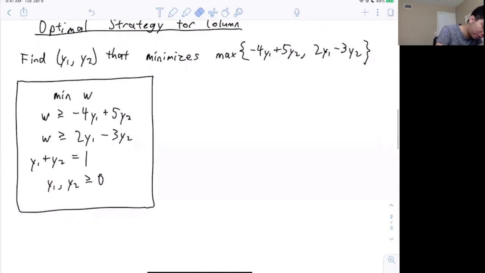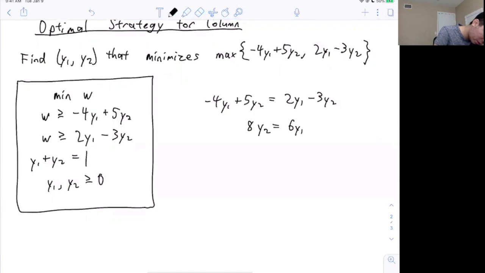I'm just going to do this quickly here since you already saw it. I'm setting the first two expressions equal to each other: -4y1 plus 5y2 equals 2y1 minus 3y2. So this becomes 6y1 equals 8y2, so y2 equals 3/4 y1.